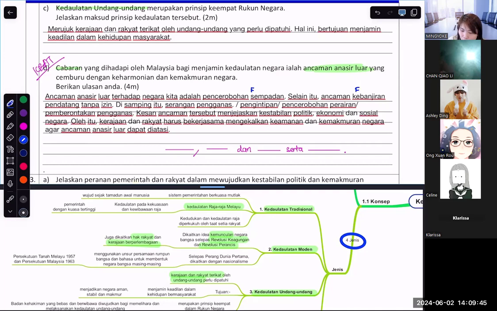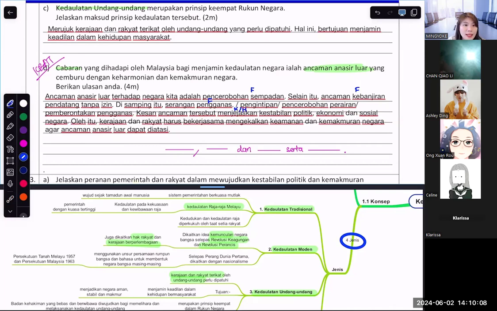Di samping itu, serangan pengganas, attack from terrorists. Already enough lah. Why? Because I need to huraikan also. So, I give huraian example. I give kesan.